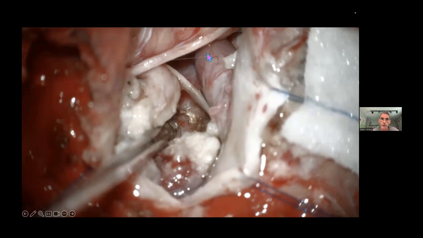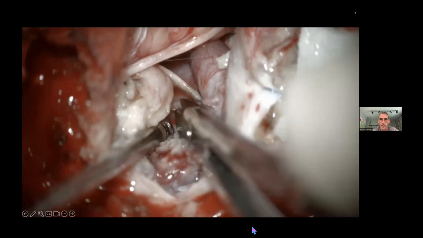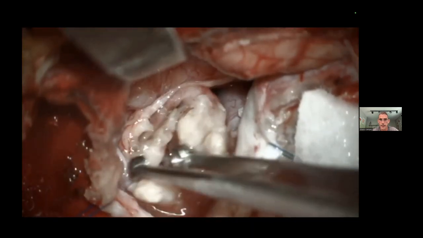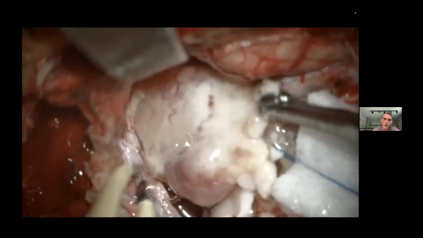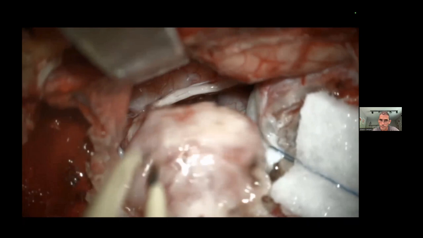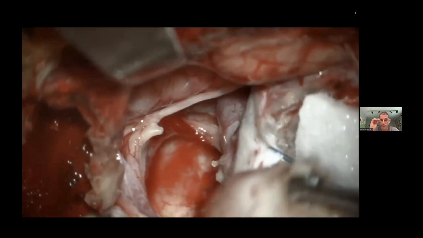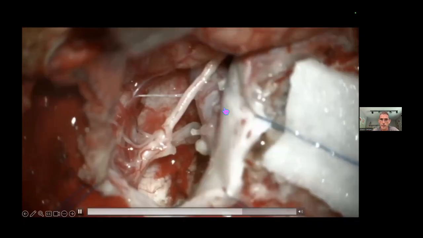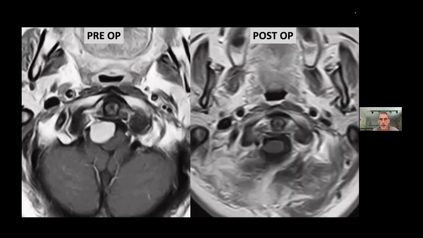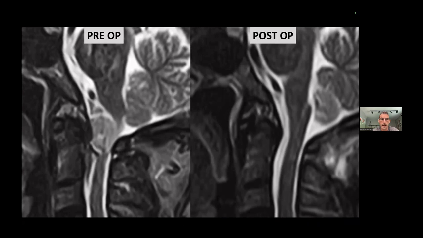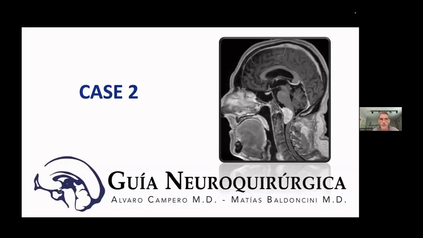This is the V4 portion of the vertebral artery, C1, and cutting the attachment. And finally, we remove the tumor. In the semi-sitting position, we usually have a very clean operative field. And the final view with the vertebral artery, C1, the spinal accessory nerve, and so on. And we can see the pre and post-op MRI in the different sequences and cuts, and also the patient after the surgery.